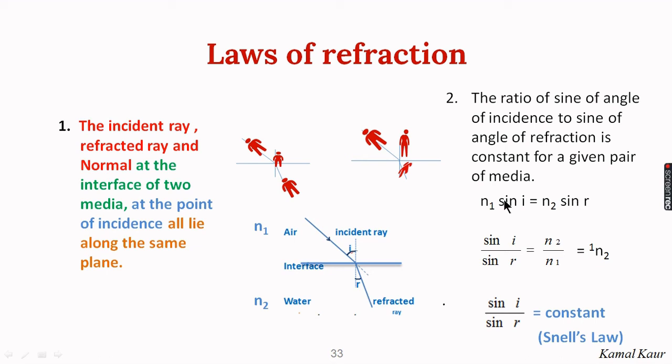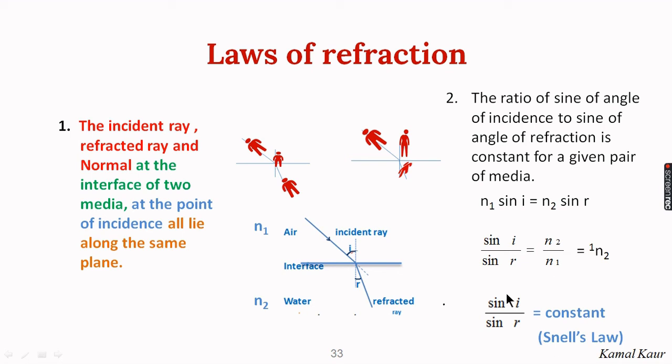If we bring the sine terms on one side and the refractive index on the other side, now this formula will become like this: sin i upon sin r will be equal to n2 upon n1, and we have just seen that n2 upon n1 is the relative refractive index of medium 2 with respect to medium 1.